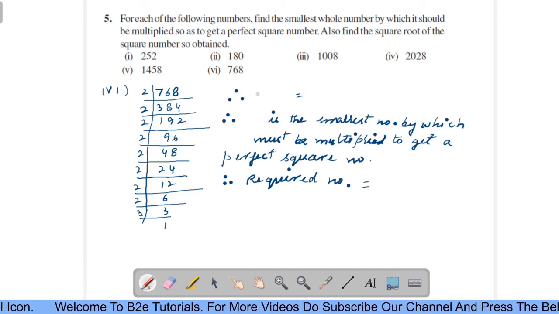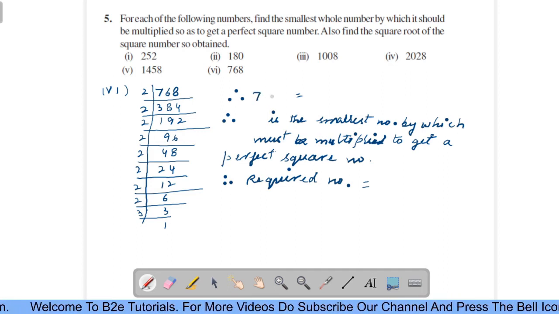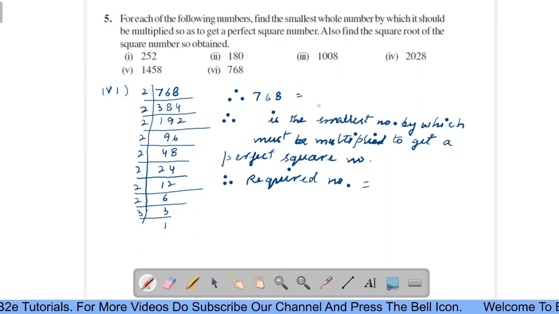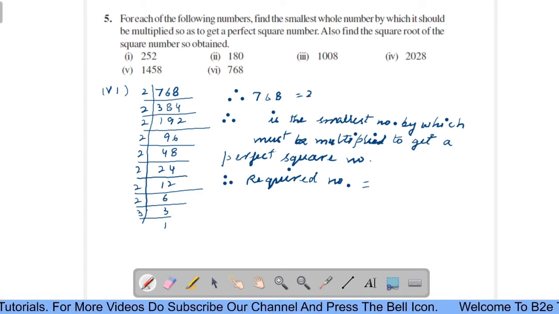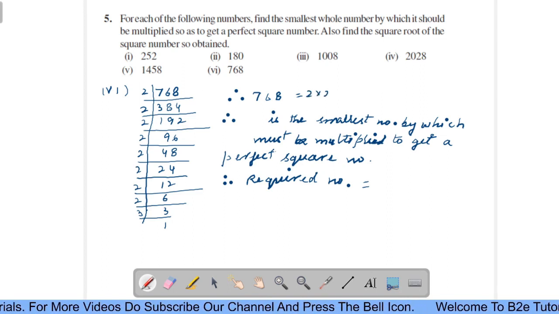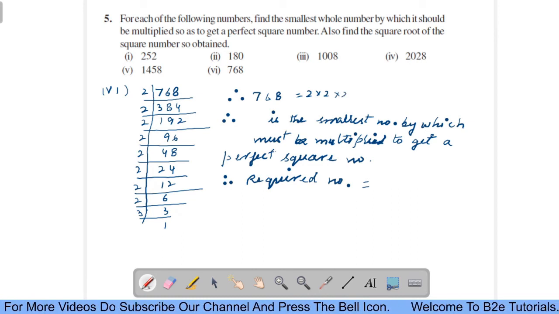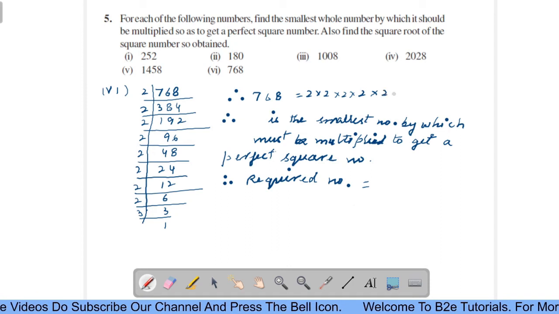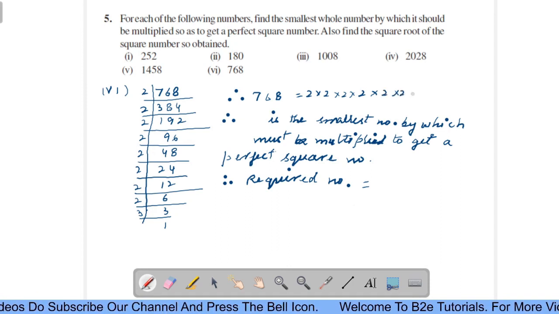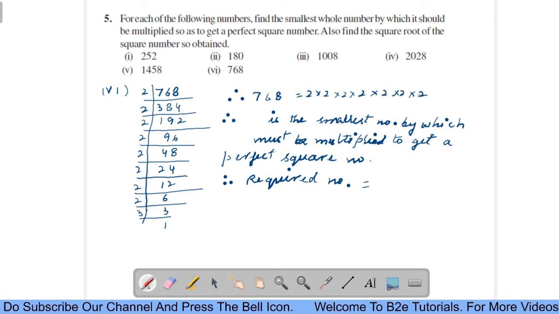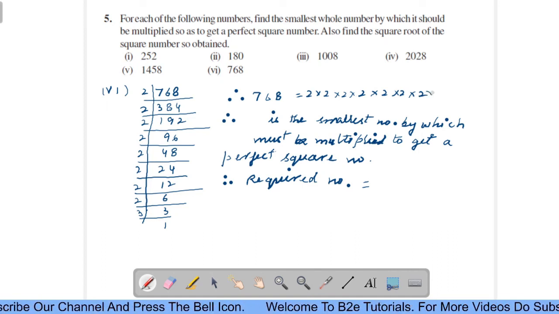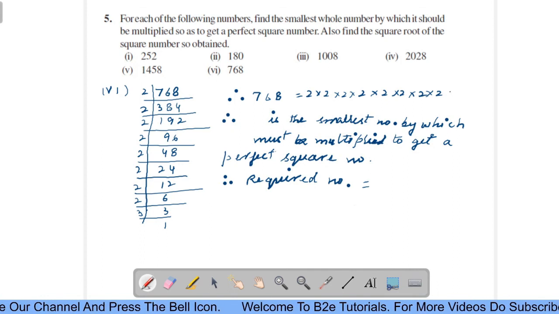Therefore 768 can be written as 2 into 2 into 2 into 2 into 2 into 2 into 2 into 2 into 2 into 3.